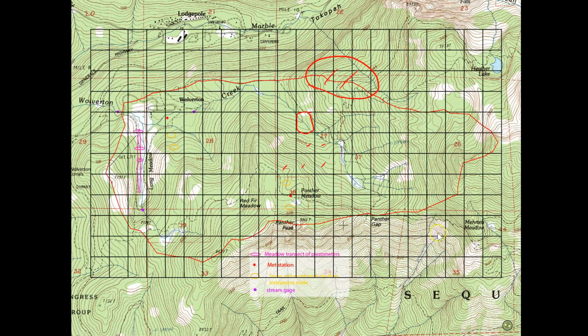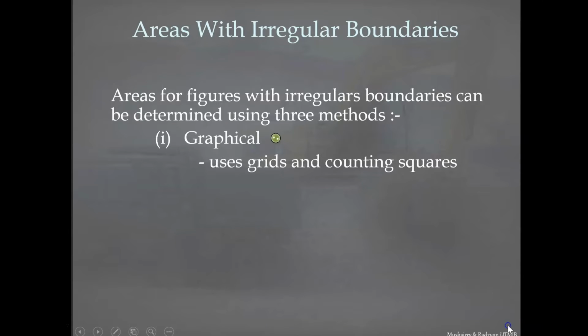So that's very straightforward, simple. And obviously the smaller the grid, the better approximation you'll be making as compared to having a larger grid. So that's the grid method or graphical method.